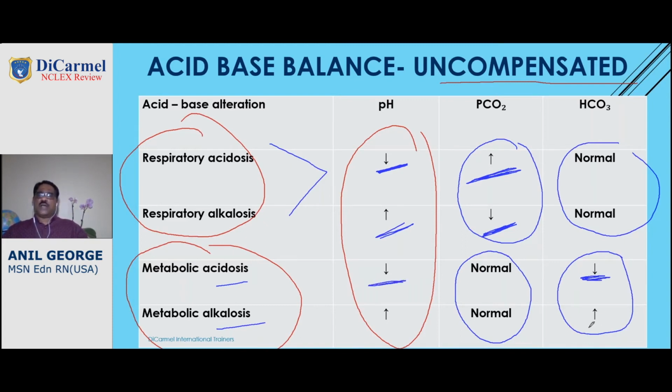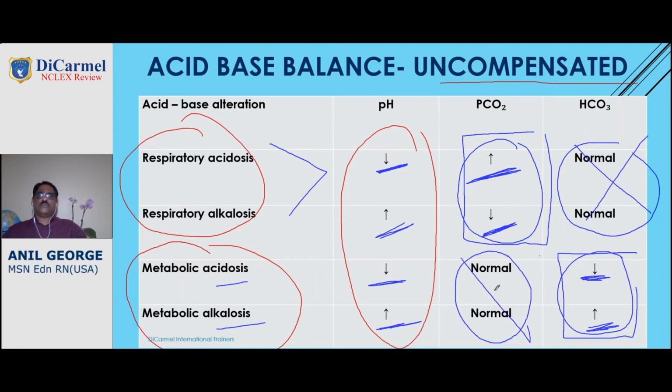When the bicarb increases, remember bicarbonate is an alkaline substance, so when its level increases, the alkalinity increases. So with metabolic, the primary change happens with the bicarb value. With respiratory, the primary change is in the CO2 value, and we consider the bicarb to be normal in respiratory, and the PCO2 to be normal in metabolic.